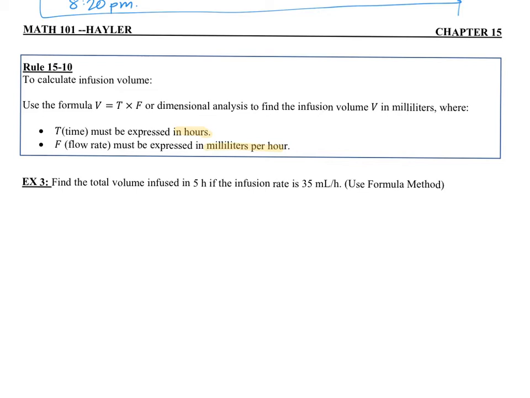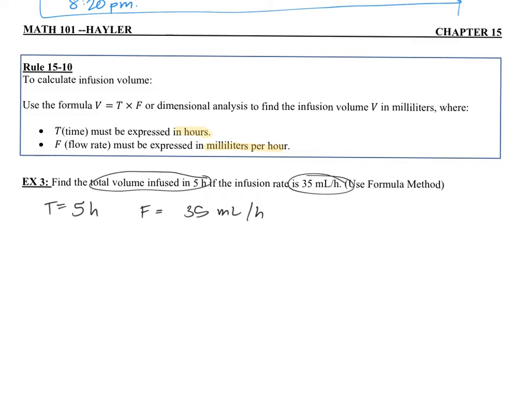It's infused in 5 hours, so time is going to equal 5 hours. Is the unit correct? Yes, it's hours, we're good. And the flow rate is 35 milliliters per hour. Are these units correct? Yes, milliliters per hour, that is correct.